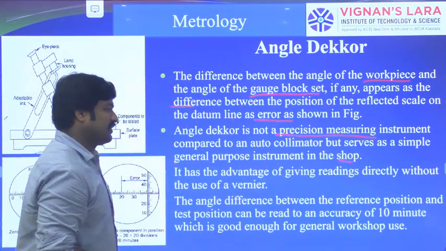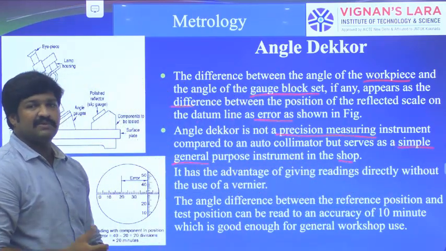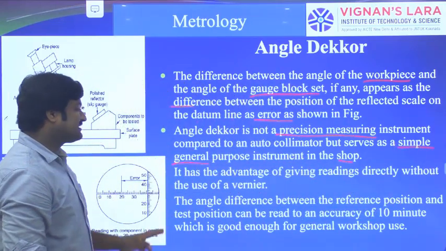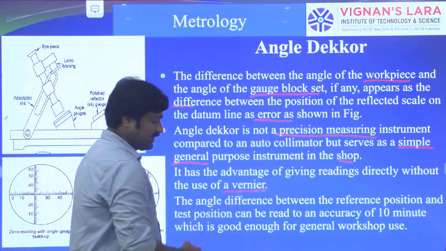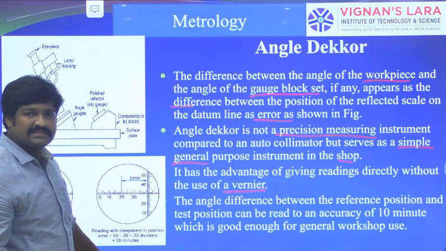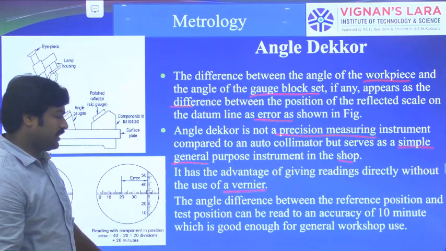It is simple, but not that accurate. It has the advantage of giving readings directly without the use of a vernier. Without the use of any external components or instruments, we are identifying the angle of the component.